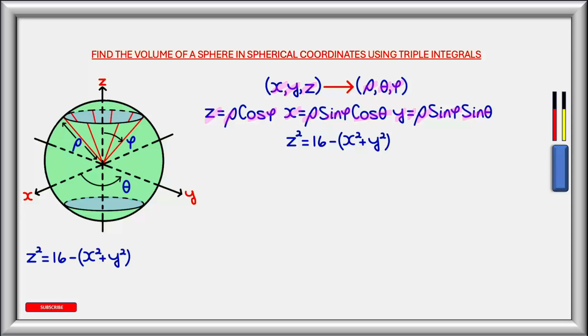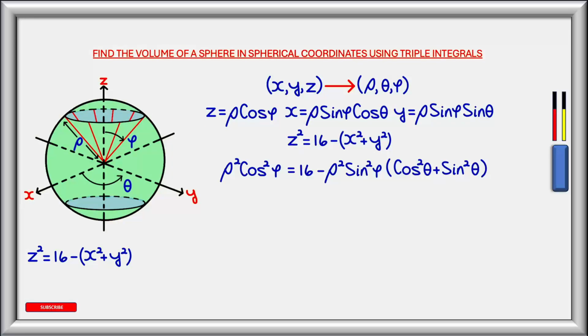And our Cartesian equation is z squared is equal to 16 minus into the bracket of x squared plus y squared. And after making the substitution, we're left with rho squared multiplied by cos squared phi is equal to 16 minus rho squared multiplied by sin squared phi into the bracket of cos squared theta plus sin squared theta.